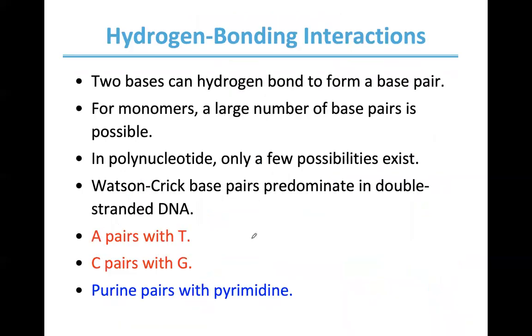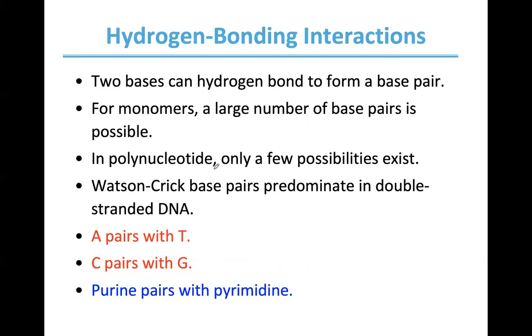All right, so as far as the hydrogen bonding, we will look in a moment at the structure of double-stranded DNA, which was deciphered by Watson and Crick. What's important there is that the two bases can hydrogen bond to form a base pair, right? And I told you that the important thing is the selection of the right tautomers.